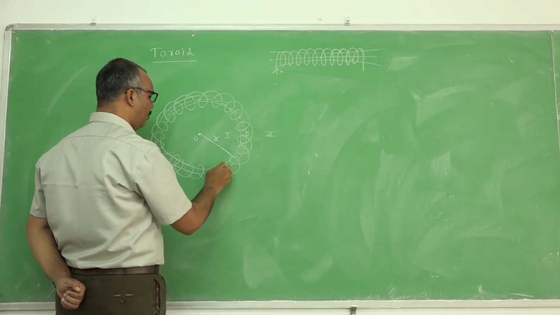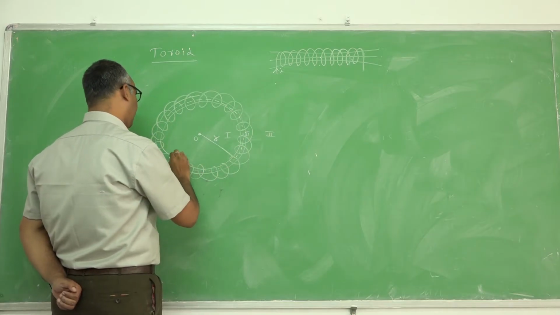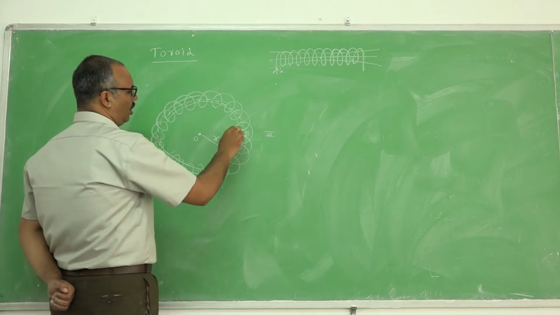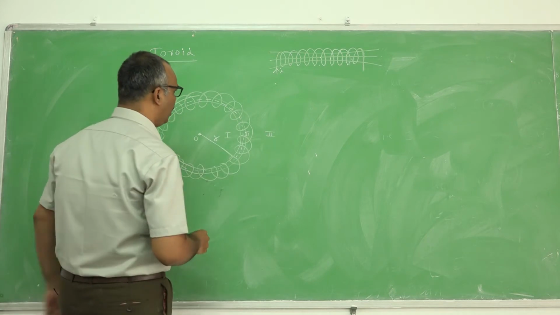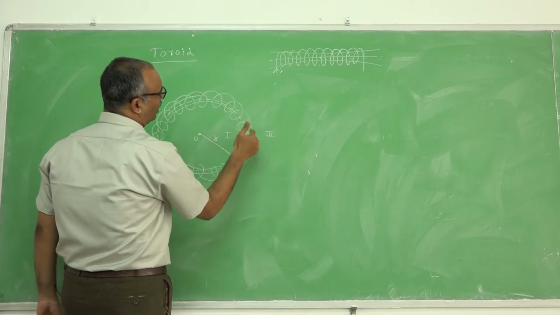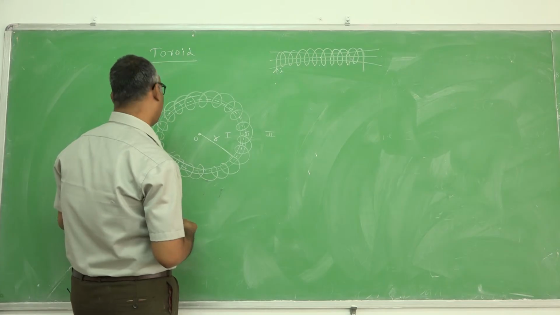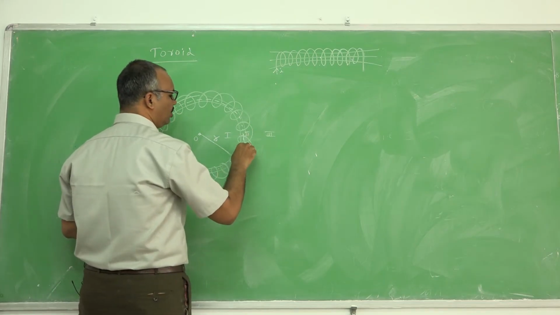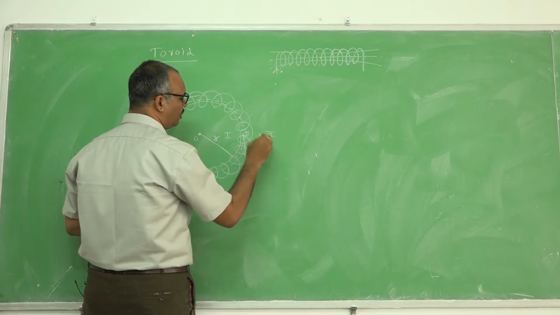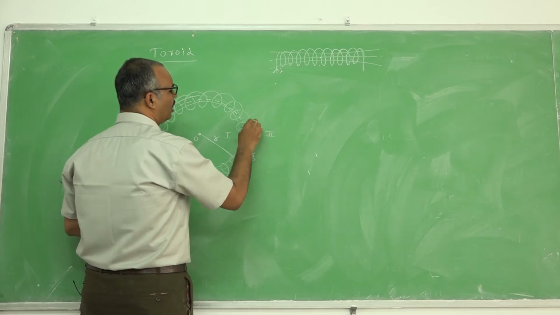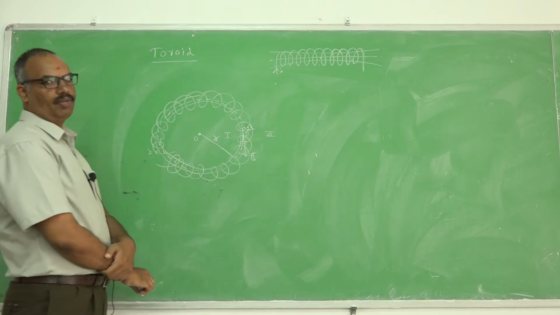The radius of the Amperian loop is R. At this particular point, depending on the right hand thumb rule, as the current is going like this, magnetic field may have direction tangential to the Amperian loop like this. Let me take a small element over the Amperian loop. Let the length of the element be dl.